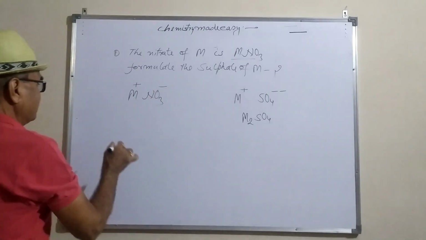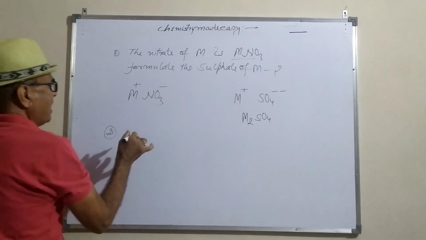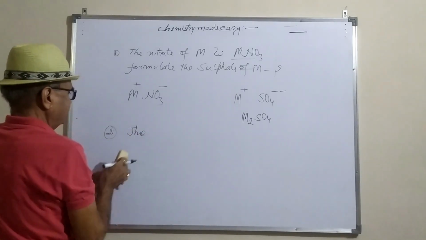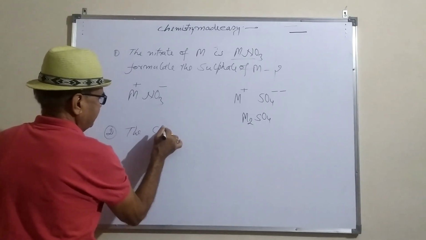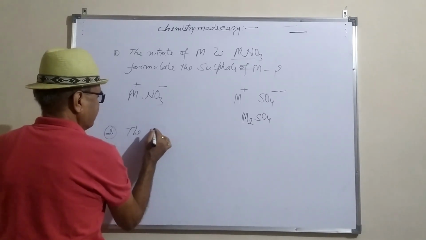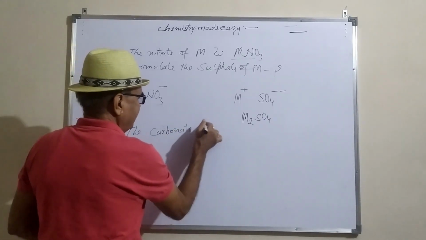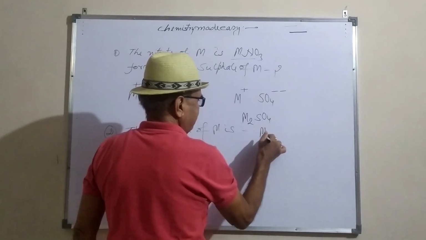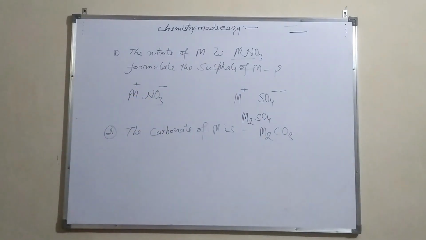So again, second question in the same manner. The carbonate of M is M2CO3.